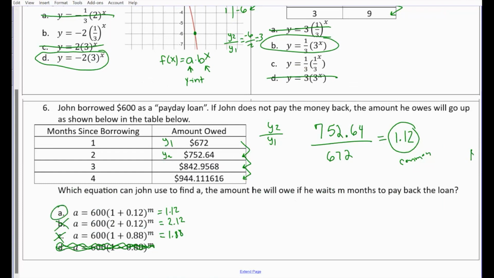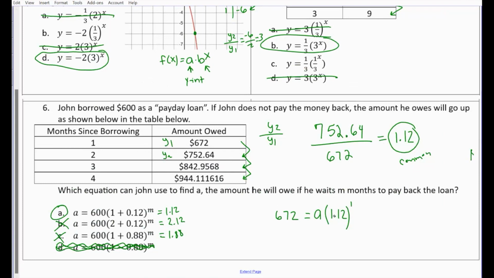Now let's say I wanted to find my initial value. I could also find a. I'm missing a, but I already know a point. I can use 672, so I'm going to put 672 for y. I know my common ratio is 1.12, and I know my x is 1.